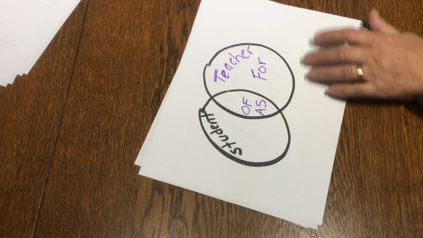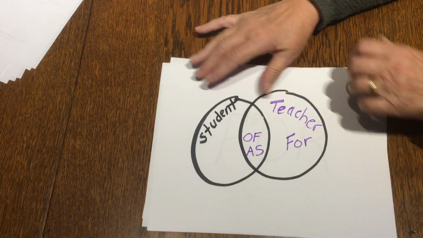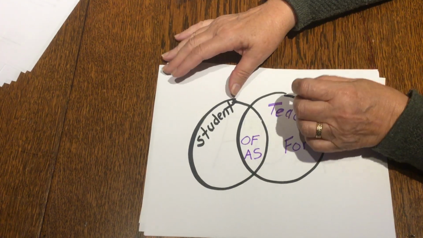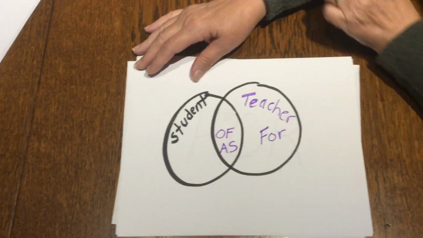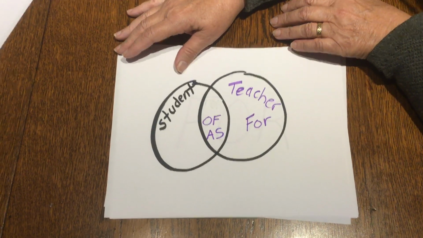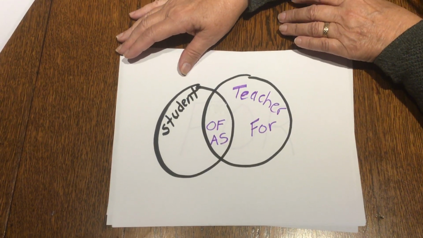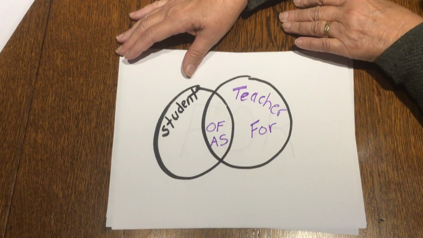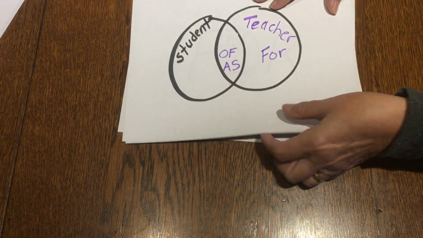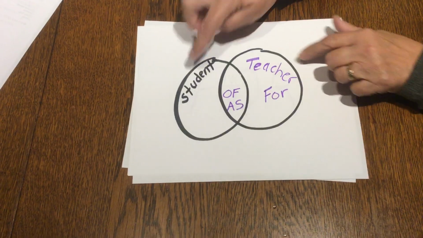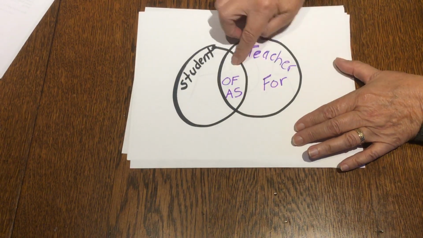So let's just do a quick review of Rick Stiggins' theory that's been adopted by Ann Davies, by Damien as well, as researchers continue to really like the idea of for, and as assessment. So if we did a Venn diagram, this is the teacher, this is the student, and there's an overlap.